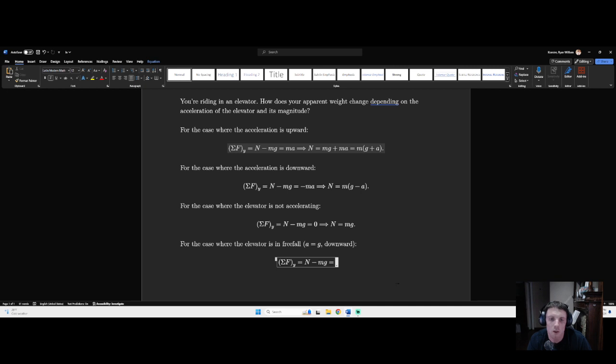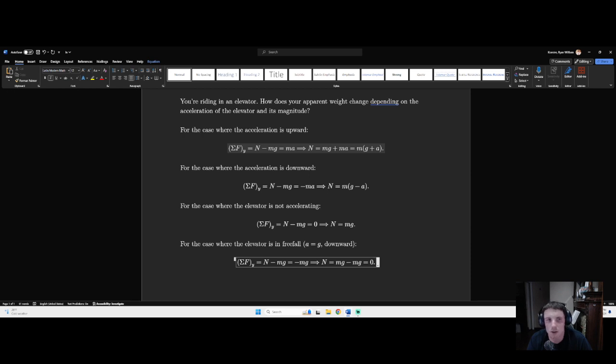So this is negative ma, but a is just g, so it's accelerating downward with magnitude g. In this case, we find that the normal force equals mg minus mg. The normal force is 0.